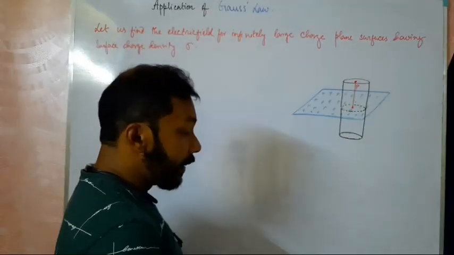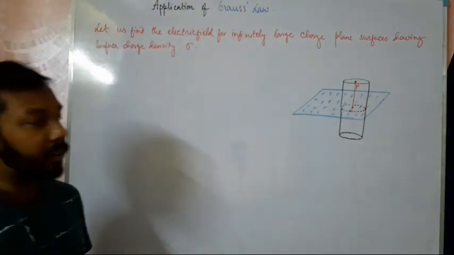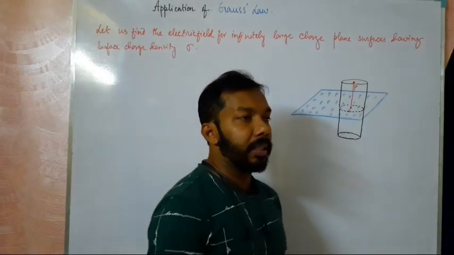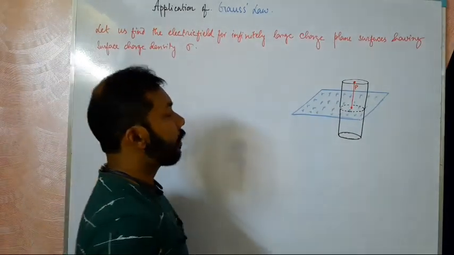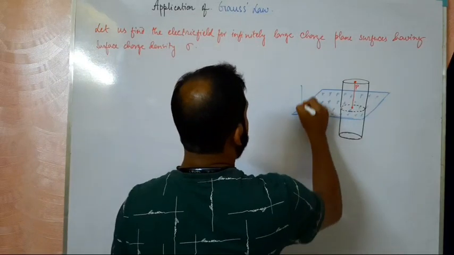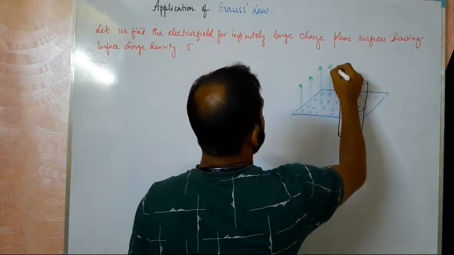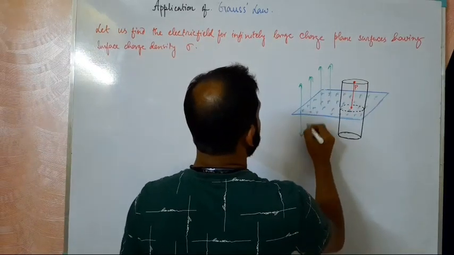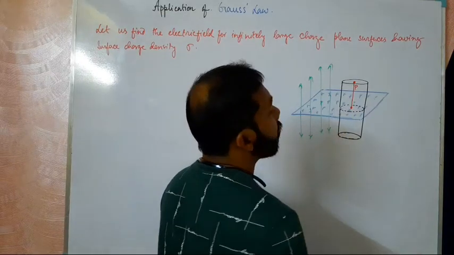Now why have we chosen such a cylindrical surface? Because if we see the orientation of the electric lines of force, they are vertically perpendicular to the surface.